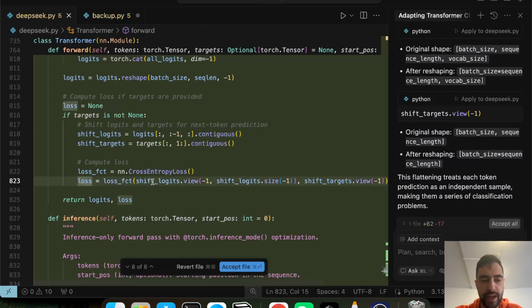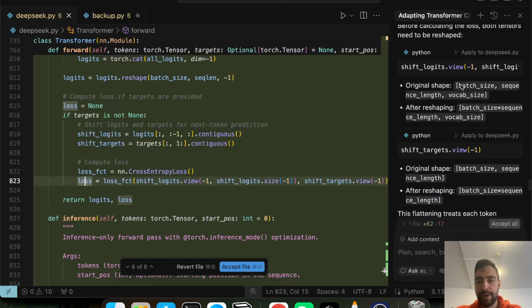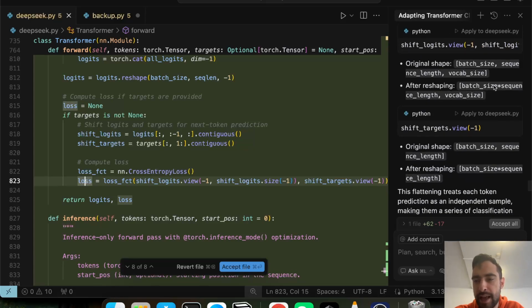And then what does this scary cross entropy loss do? Let's say you have batch size times sequence length times vocab size. With this view operation, we will make it batch size times sequence length, and then vocab size. So instead of having tokens separated into sequences and then batches, we will just combine the sequence and batch dimensions, and so we will just have an array of tokens, and that's it.